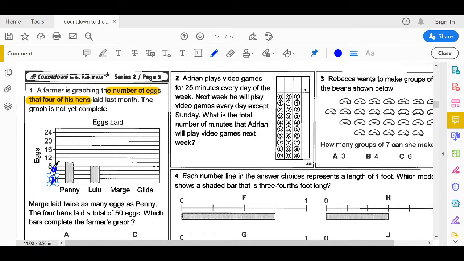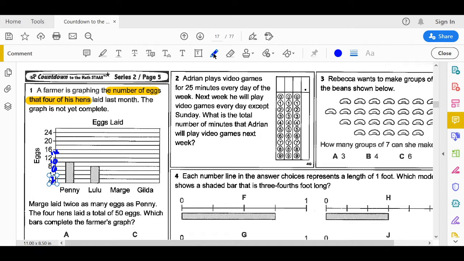This pencil is not very clear there, but I'm sure that you're doing a better job at your paper. Right here between 8 and 12, what should be the number? That's correct. This one should be a 10 right there. Then we have 12. What is between 12 and 16? What will be 2 more? 12 plus 2, that is 14 right there. Okay, that should be a 14.